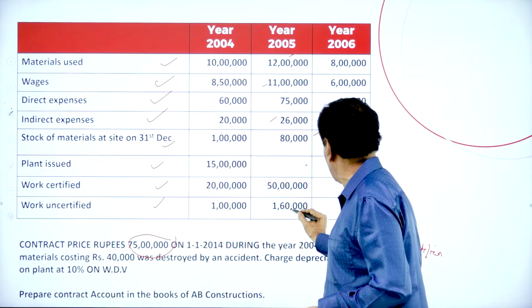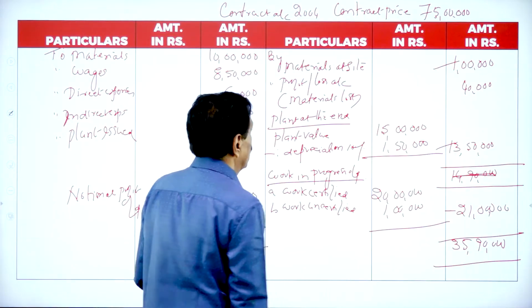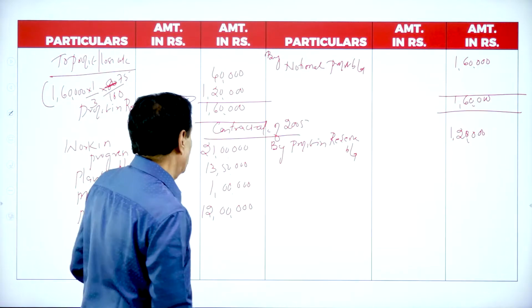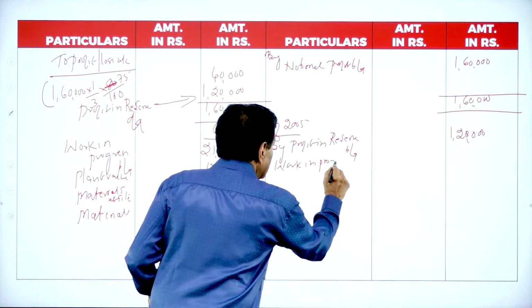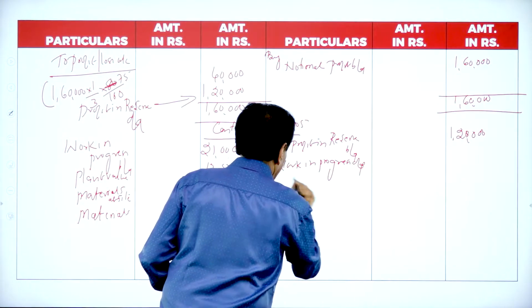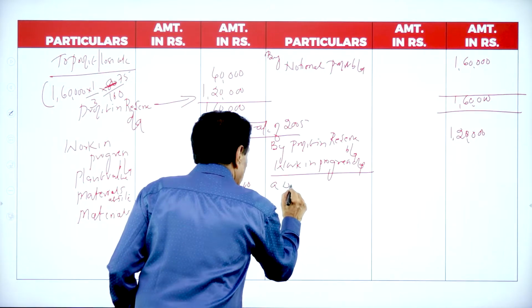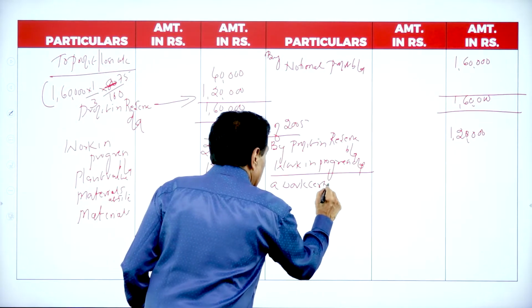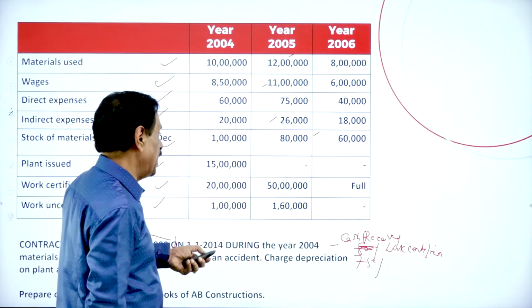Work certified 50 lakh plus 1,60,000. Come back. Work in progress carried down. Small a. Work certified. How much work certified? 50 lakh.